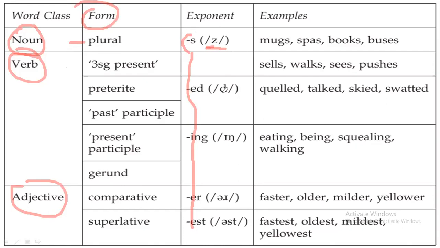And ed, for example, you can see cuted, talked, skid. There should be the d sound. D means the d sound, right? Here you can see saw, cells, walks, sees.